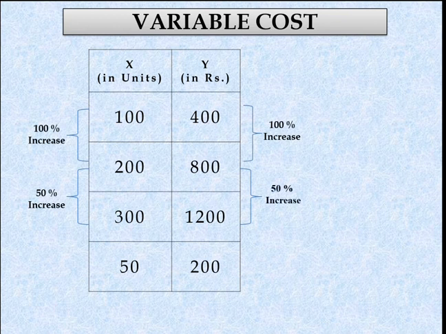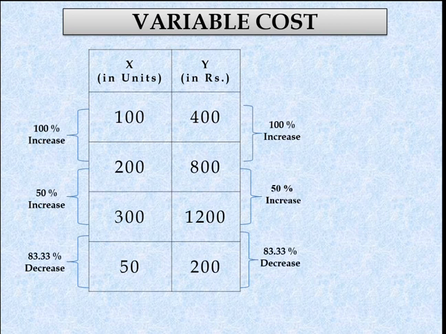Now what happens if the production comes down? When the production comes down from 300 to only 50 units, the percentage decline in production comes to 83.33%. Let us see what exactly is the percentage when the cost comes down from 1200 to rupees 200 only. It is 83.33%.